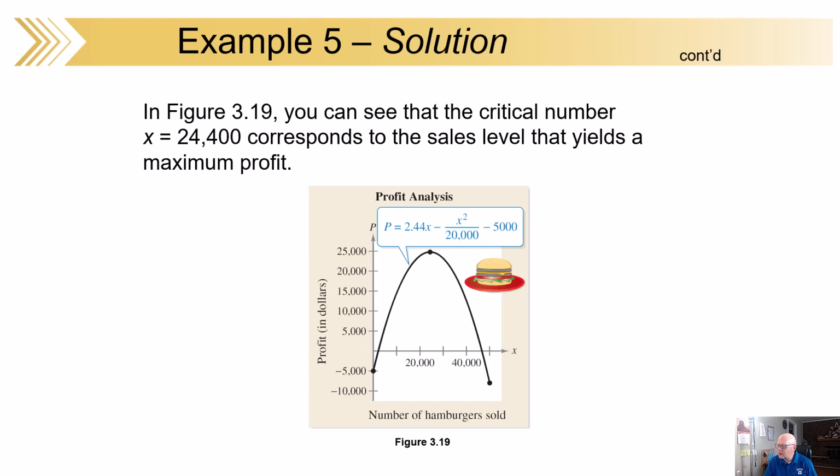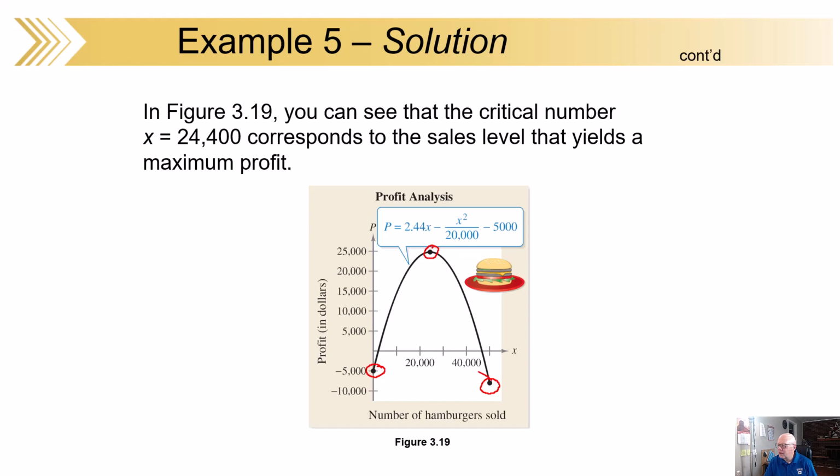So you can see here that here's our 24,400 hamburgers. Here's the left endpoint at 0 hamburgers, and the right endpoint at 50,000 hamburgers. Which one's the biggest?